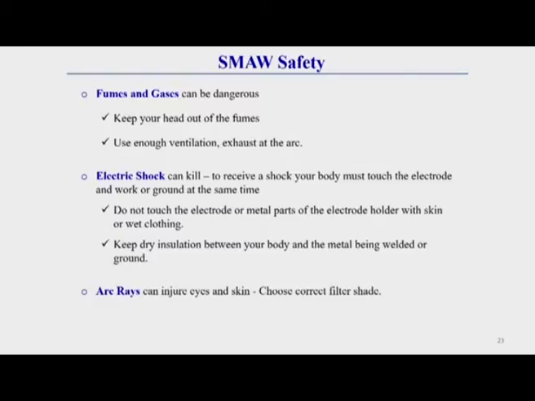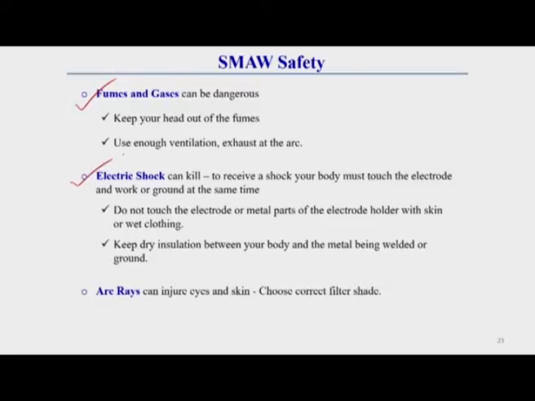Nowadays for doing this welding operation in shop, generally some extraction system is used which extracts that fume and other things. So there is less chance of effect on the welder. So this is one safety precaution, that means keep your head away from the fumes or gases. Okay. Then second one, electric shock.